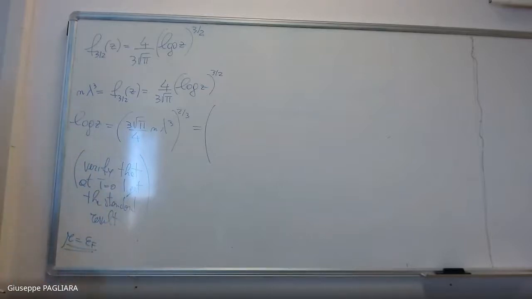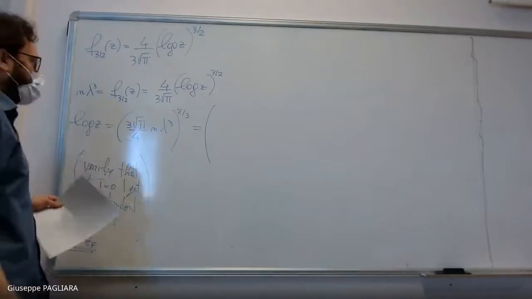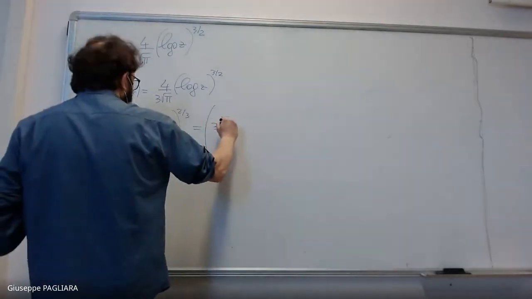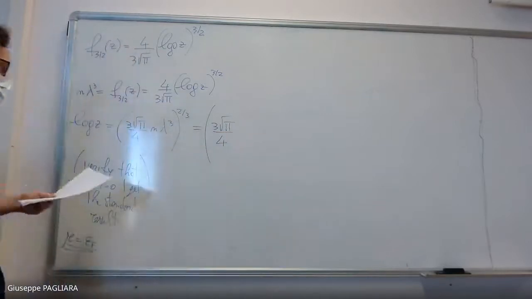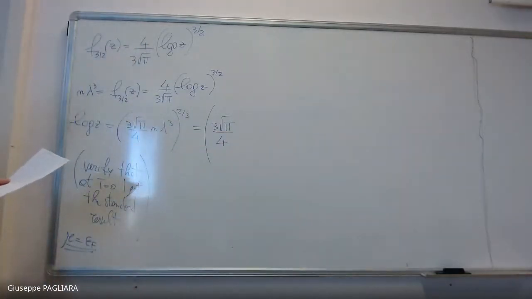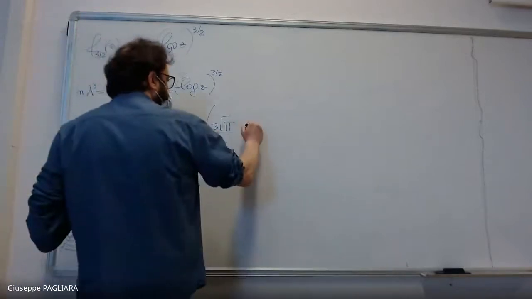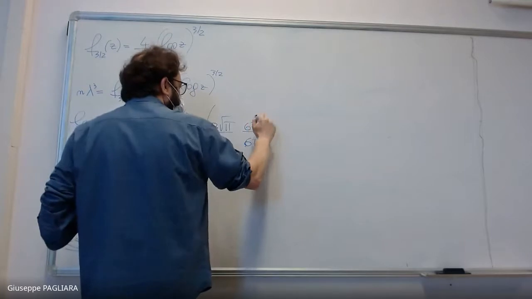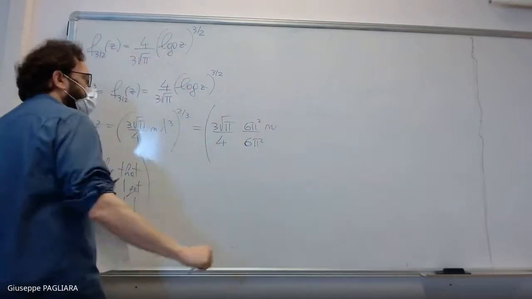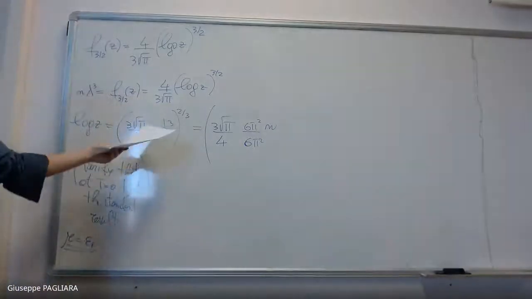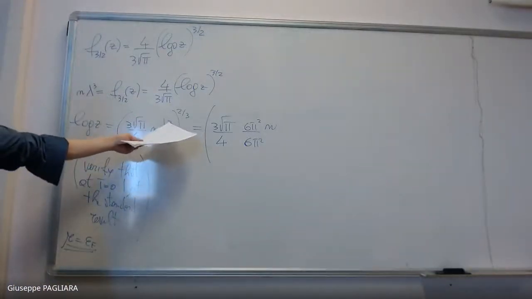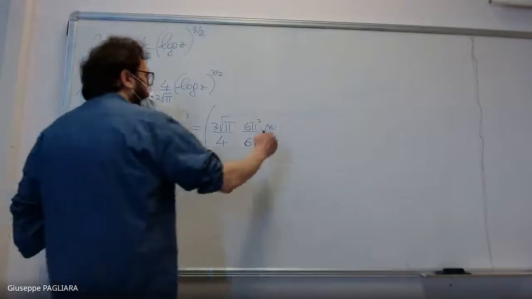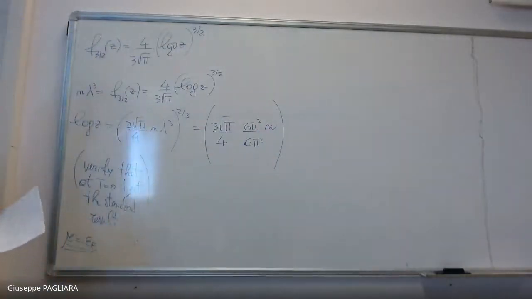Okay. Well, to do it, let me introduce there 3 pi divided by 4. What is n? Okay, let's do it this way, 6 pi squared divided by 6 pi squared. Here you have a n, and then lambda cubed to the power of 2/3, which means lambda to the power of 2, and lambda to the power of 2 is h squared.